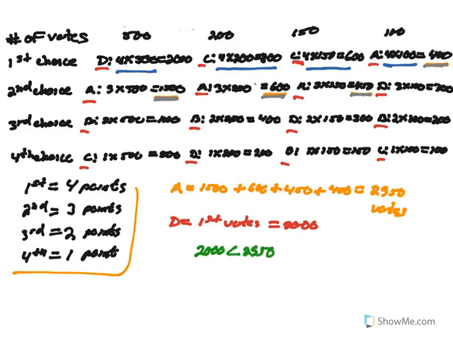So the design that received the majority of the first votes is D. The design that won the election is A. Therefore, the majority criterion is not satisfied because the design with the majority of the first votes lost the election. So that is how that Borda method works. I know that it was a lot of information.